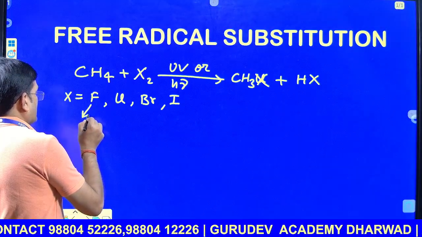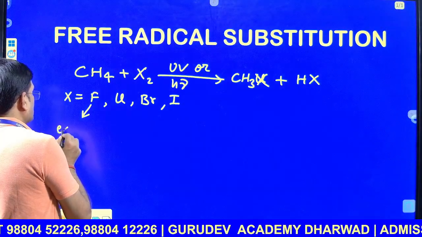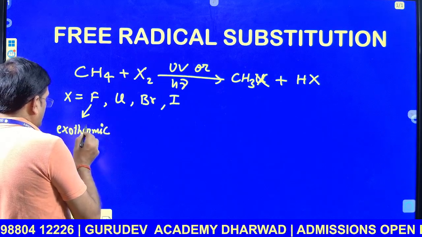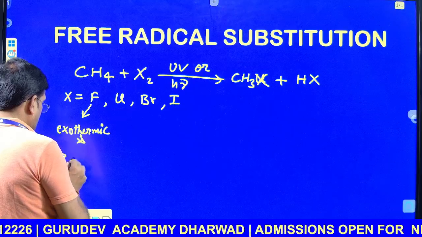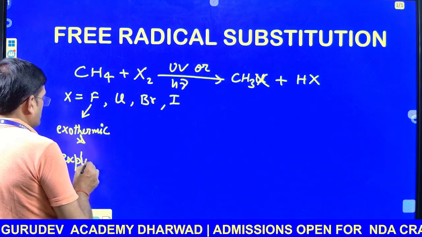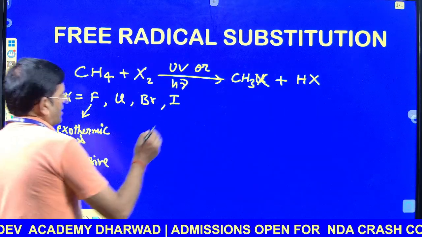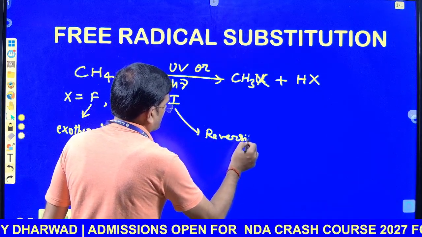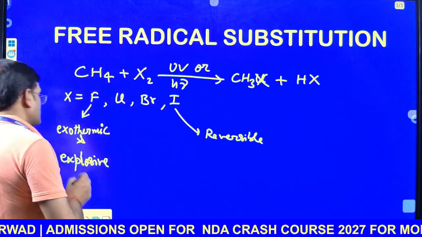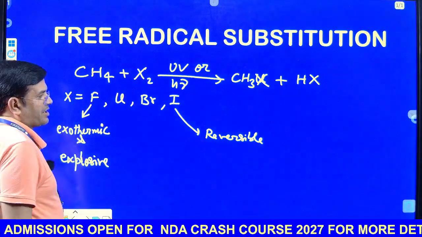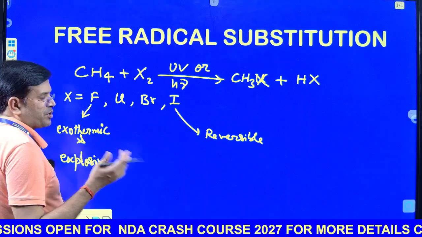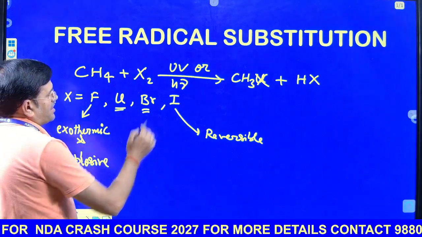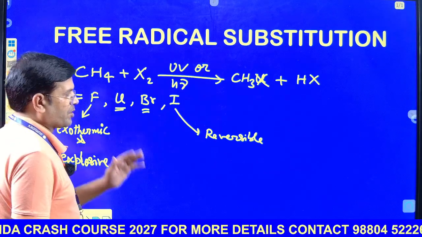Actually, in halogenation, fluorination is highly exothermic and explosive, and iodination is reversible. That's why for fluorination and iodination we have substitute methods as well, but chlorination and bromination can be carried out with these, no problem. Okay.